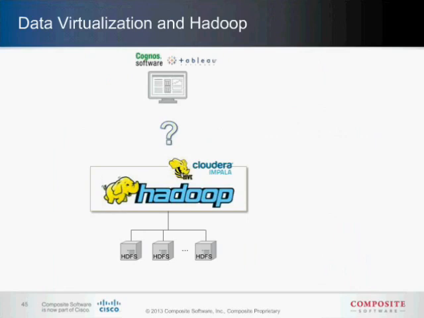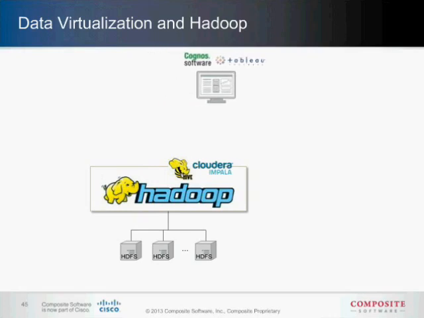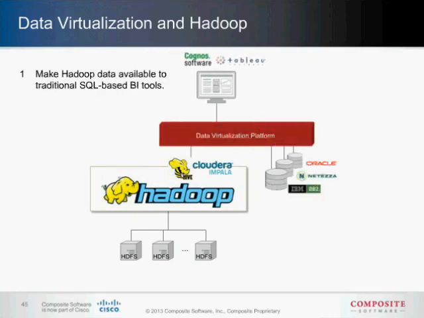Putting data virtualization in the mix, you can actually pull data out of Hadoop today and serve traditional SQL-based BI or analytics tools. In addition, you can combine that data that's in Hadoop with traditional data from your other enterprise applications. And this is really cool because even though you've got this huge data lake in Hadoop, you're probably not going to put your finance data in there.